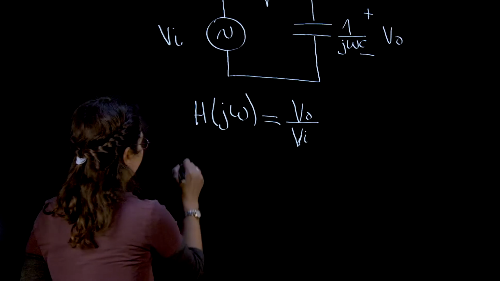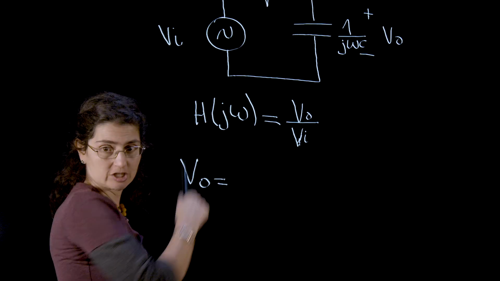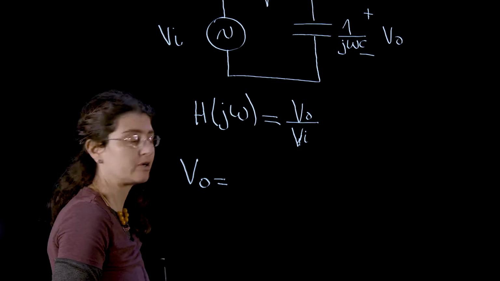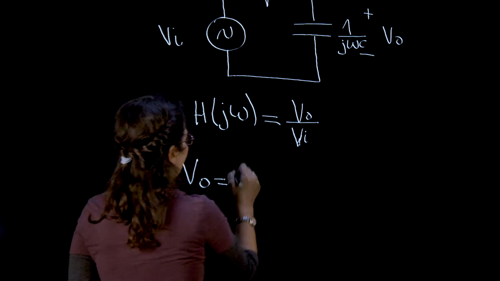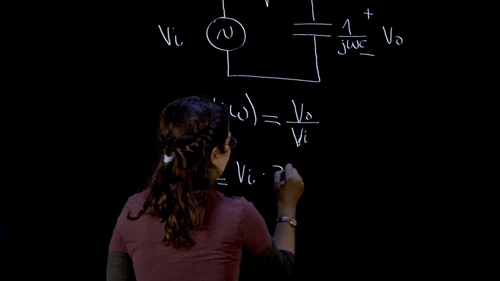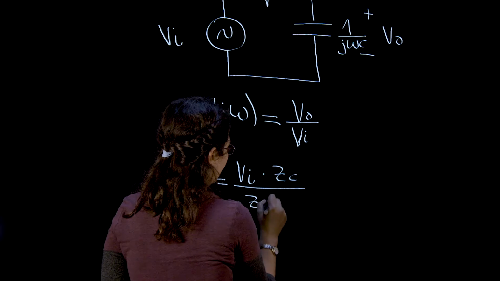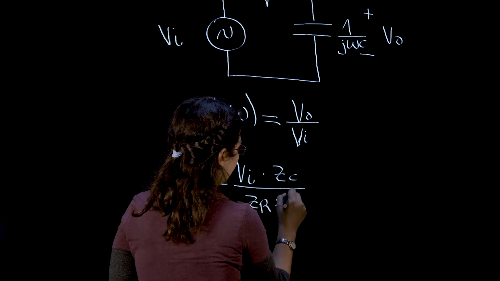So, the output voltage would be then the voltage divider, like we saw in the previous example, is the input voltage times the impedance of the capacitor over the sum of both.